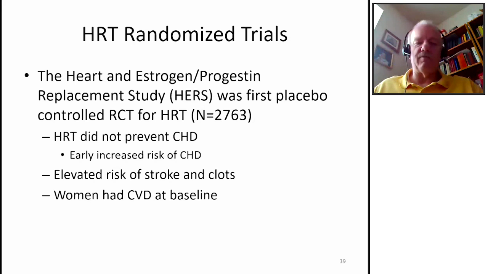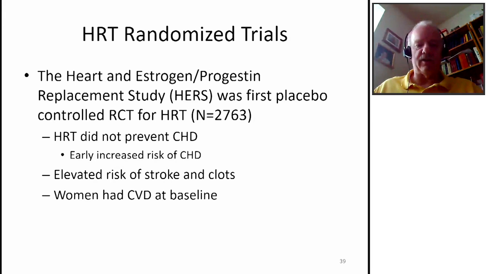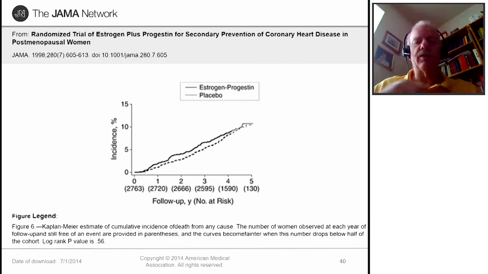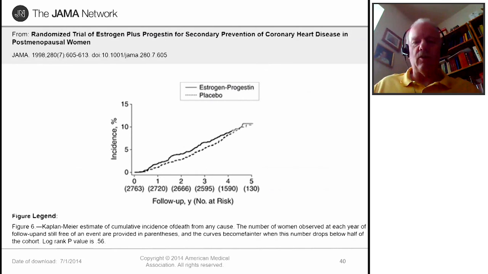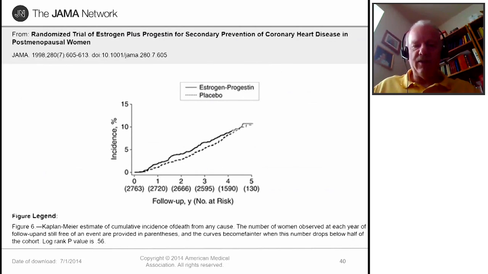In fact, they saw an early increased risk of coronary heart disease and an elevated risk of stroke and clots. So this is the HERS study, and this is overall death. You can see that there was actually a higher death rate in the estrogen progestin group than in the placebo group.